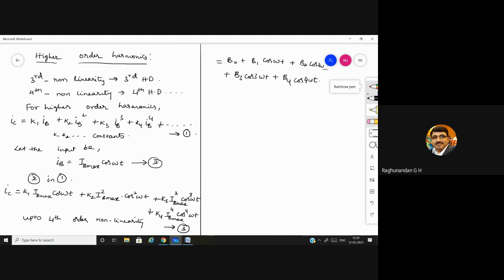You can avoid that step also; it is just simplification, just substituting. So on substituting B0, B1, B2, B3, B4 into the above equation, where B0, B1, B2, B3 are constant values, you can write the next equation like this. This is your IC.